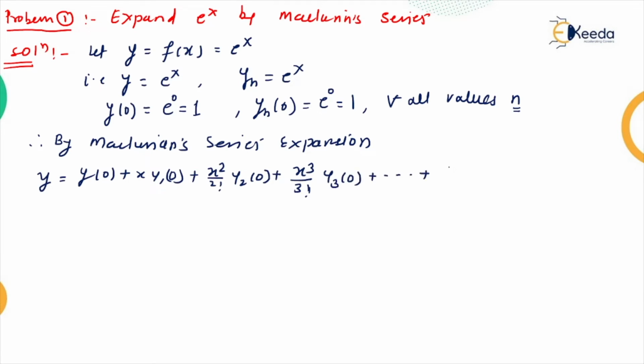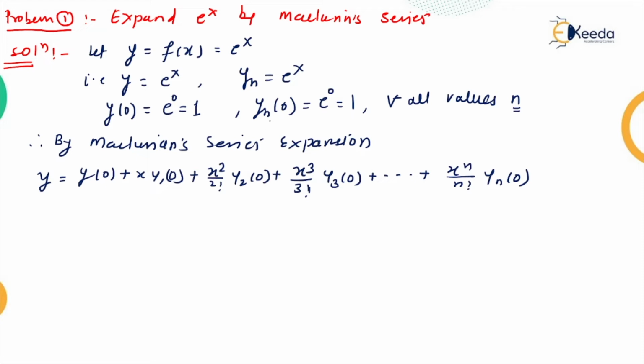The nth term is x raised to n divided by n factorial into yn of 0, where y1 of 0, y2 of 0, y3 of 0 are the nth derivatives of f of x at the point 0.